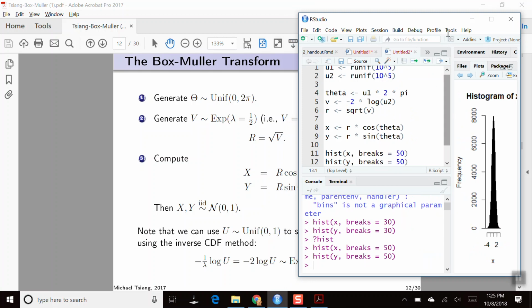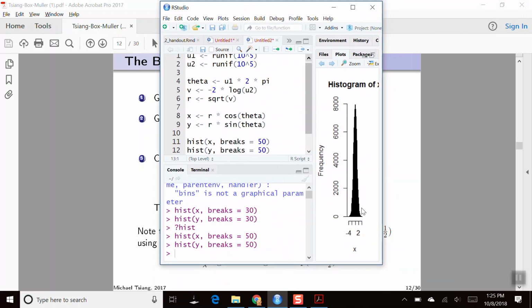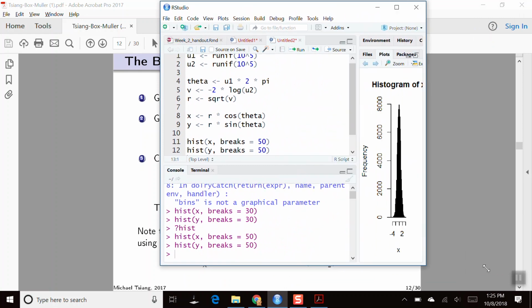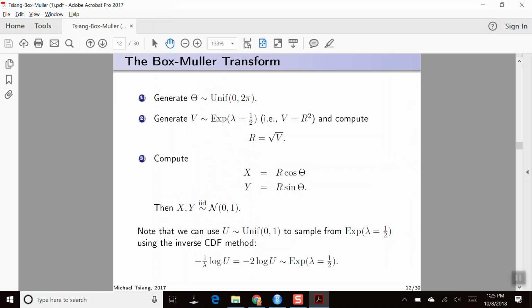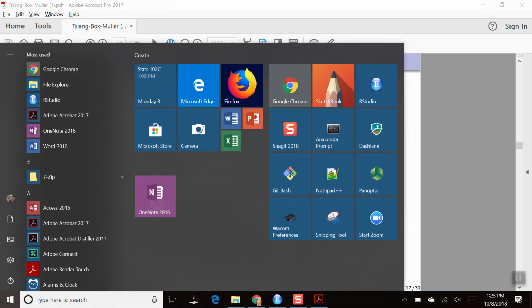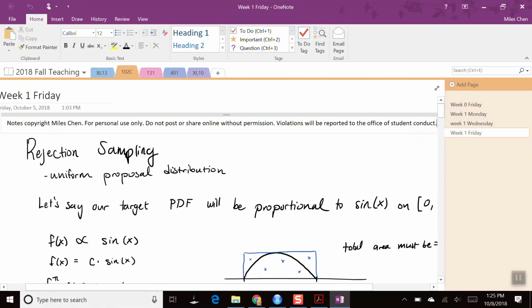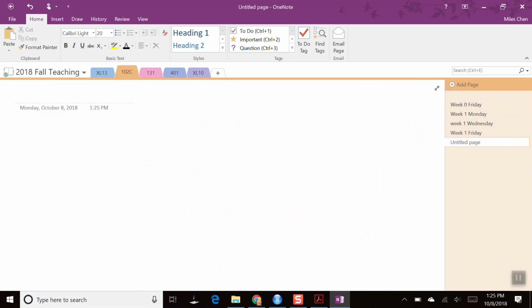Yes, question. Yeah, so it's from the inverse CDF method. I'm going to try to draw on the screen here, which is rather tricky.